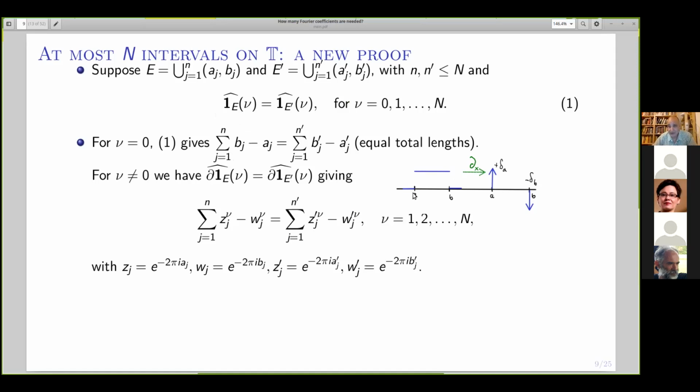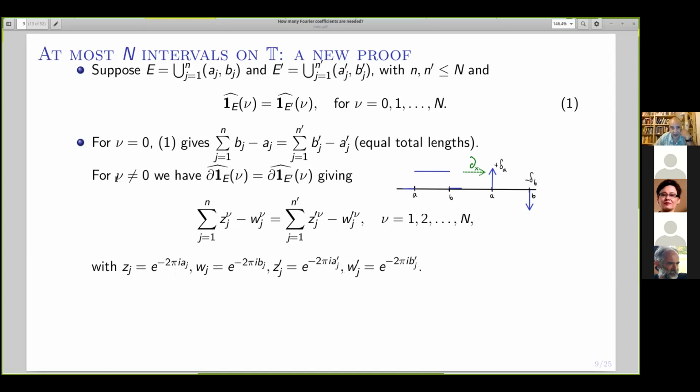If you have an indicator function of an interval and you differentiate it, you get a point mass here, which is +1, and another point mass here, which is -1, which is much easier to deal with, at least for me. So then you look at the Fourier transform of these measures, and you get exactly this, where Zj are the left endpoints looked at on the unit circle, and Wj are the right endpoints of the first set, and Z prime and W prime are the corresponding points on the unit circle for the second set.